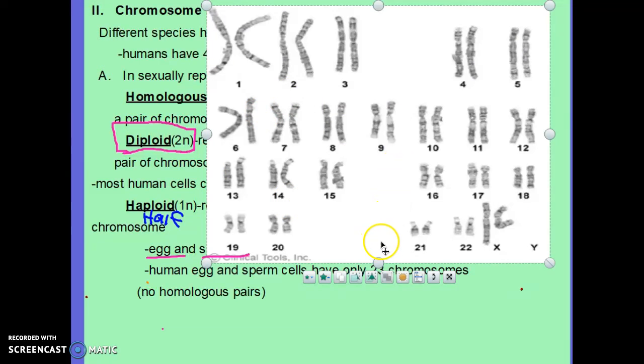So for tomorrow, I'm going to give you a website and a sheet to kind of work with, and you are going to complete a human karyotype, but something's going to be wrong. You're going to have 3 patients, so you get to play doctor. You're going to have 3 patients that you have to complete the karyotype for, and then there's a table that's going to give you some options of something that's wrong with each one of these karyotypes.